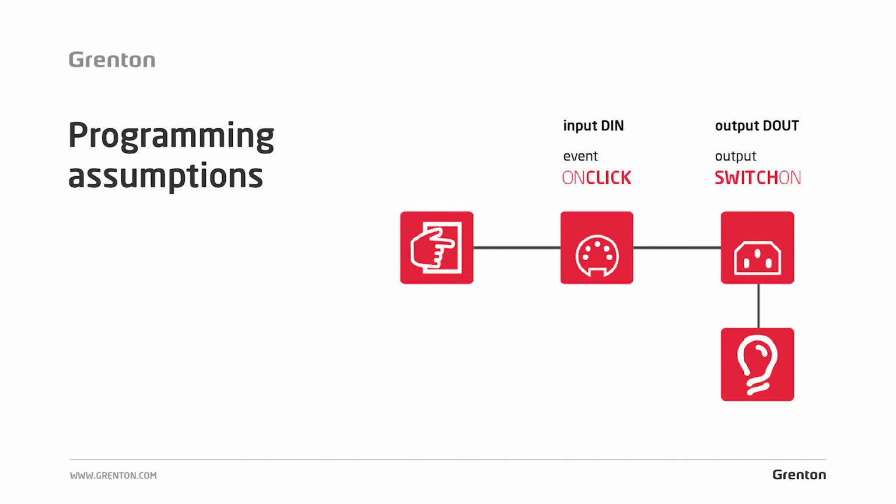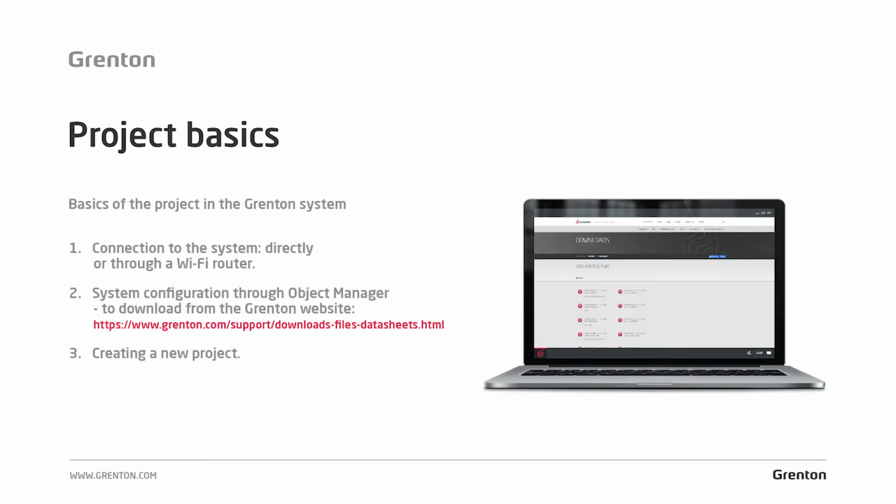During the configuration, you will decide what to do if such an event is generated. This means that when I press the button, then do this and do that. That is exactly how the system logic works. In this way, we create and build the entire configuration.